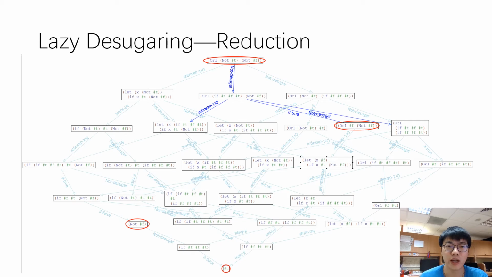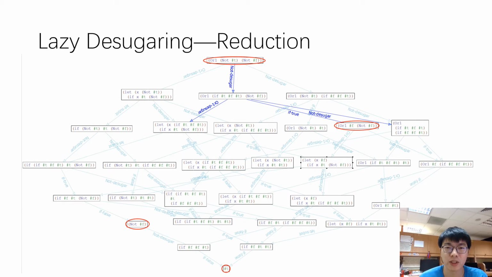Okay, let's see how our lazy desugaring can generate the same sequence. There's a picture which can be scary at first glance, but actually it shows the reduction. If you are familiar with reduction, what I show here is like the lambda calculus full reduction. That is, any subterm in the term can be the place of reduction, called a redex.